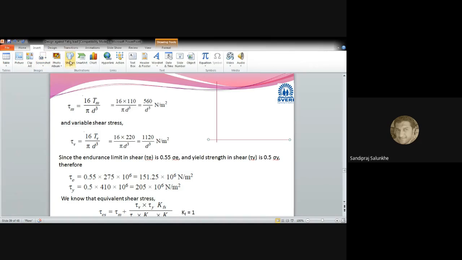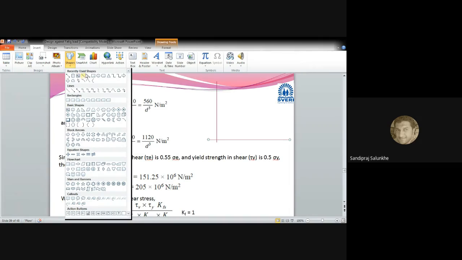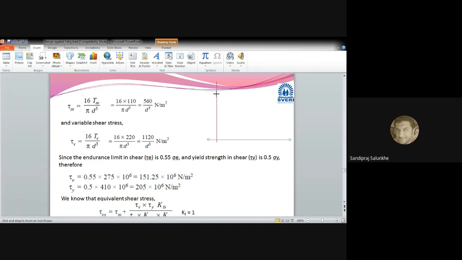So here you can have this graph. On the y-axis you put tau e, and on the x-axis you put tau y, and you join this line, and that will become either the Goodman line or the Soderberg line. Okay.